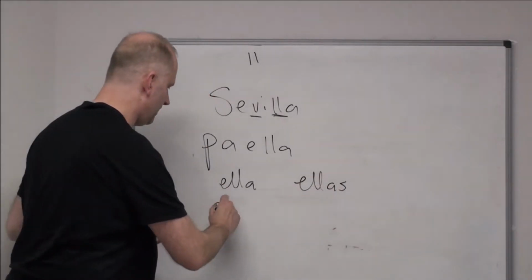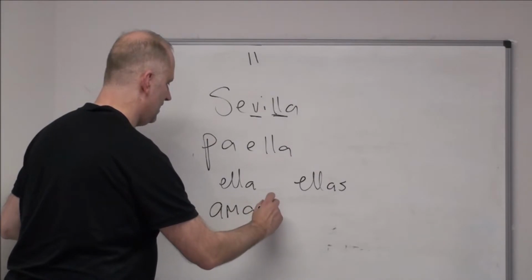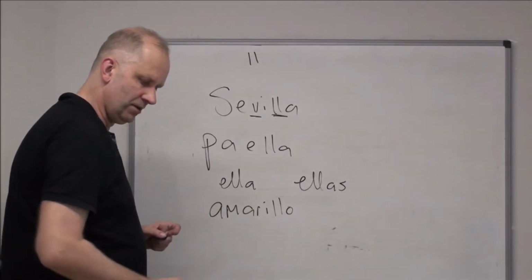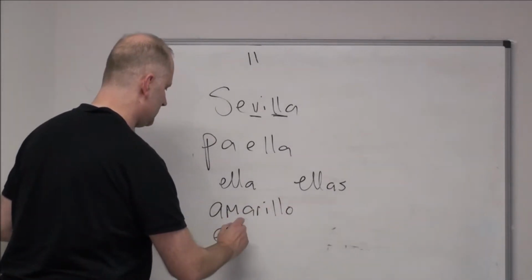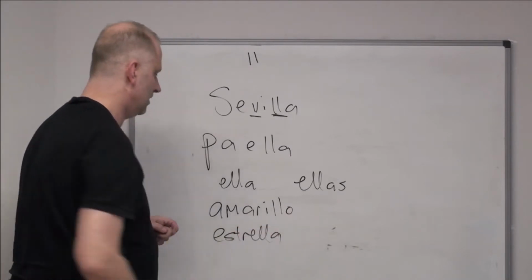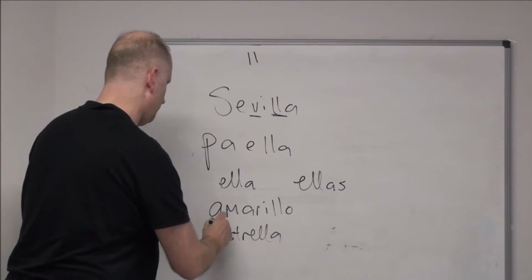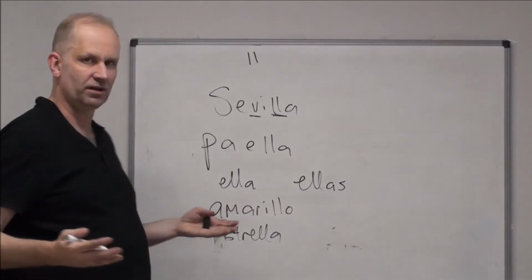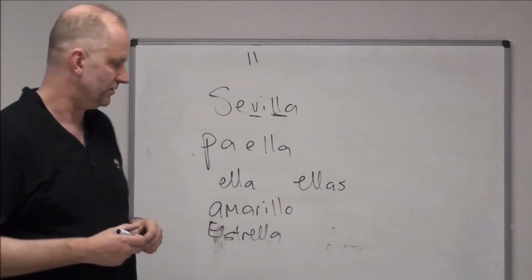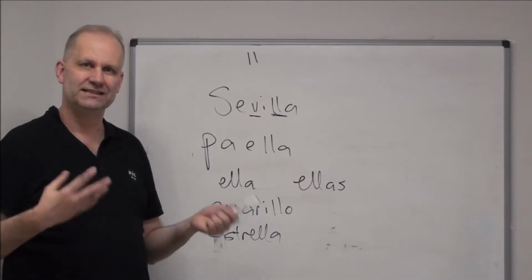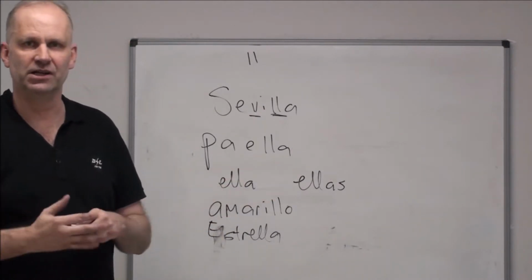The word for yellow, amarillo, star is estrella. So the beer, give it a capital because it's a beer, Estrella. So if you want a bottle of this beer from Barcelona, not Estrella, estrella. So you can really show off.